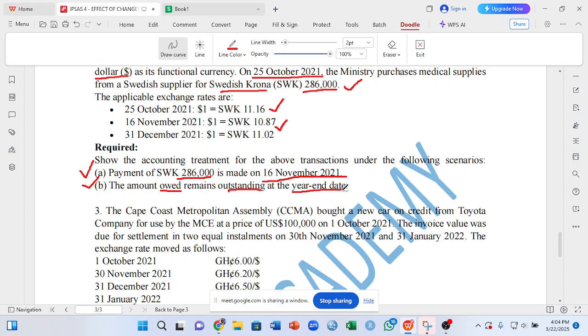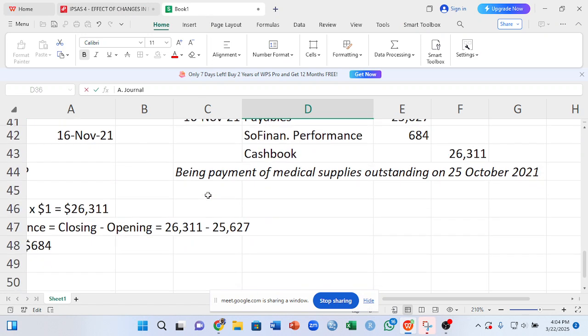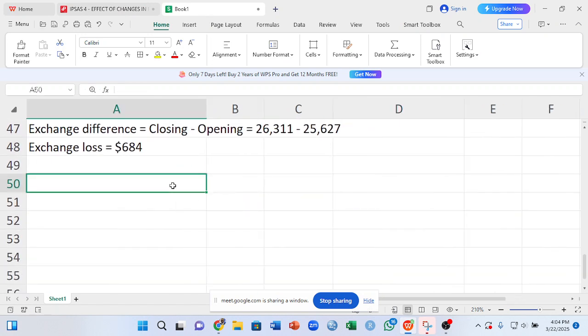We'll have to use the exchange rate at that year end, which is given as $1 to 11.02 Swedish krona. So we'll come here, that's 31st December 2021.